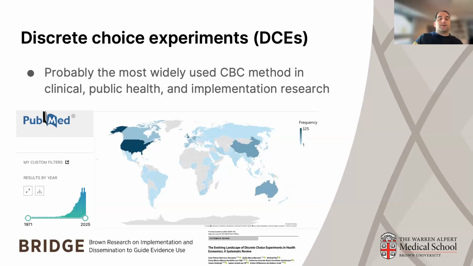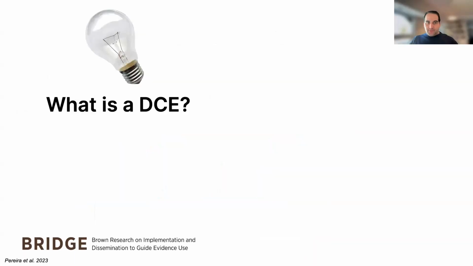So clearly, there are not only unique applications of this work in public health and implementation research, but also entire systematic reviews and scoping reviews dedicated to the application of these methods in very narrow areas, as I've displayed here on the map and with the screenshot of one such review.